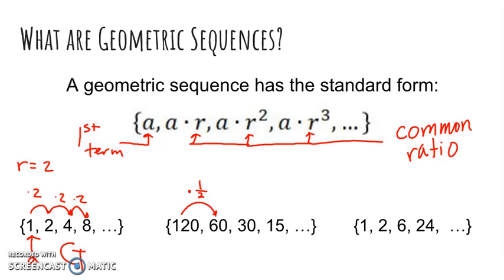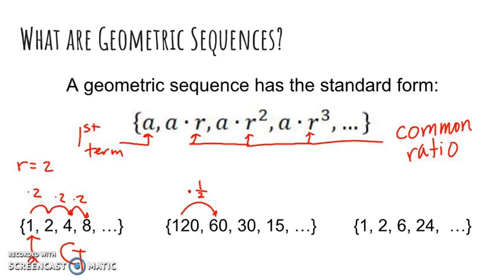This is important, so you probably need to write it down. If you are dividing, you're actually multiplying by a fraction. So if I'm dividing by 2, I'm really multiplying by 1/2. What I was dividing by goes to the denominator. So again, do not put that you are dividing, put that you are multiplying by a fraction.